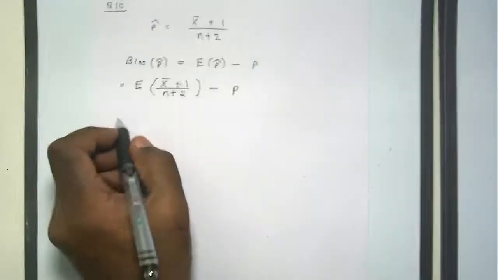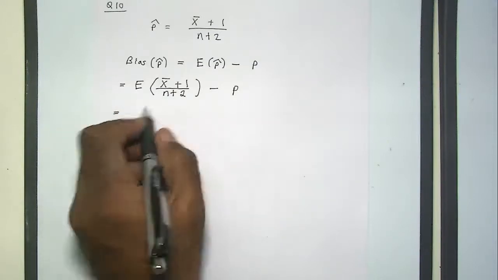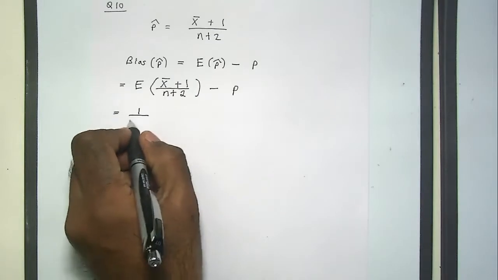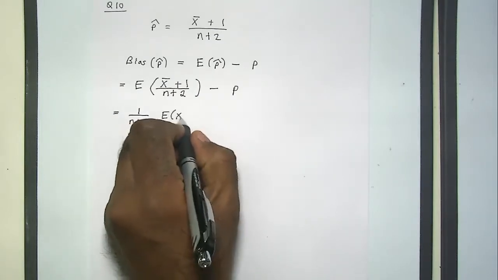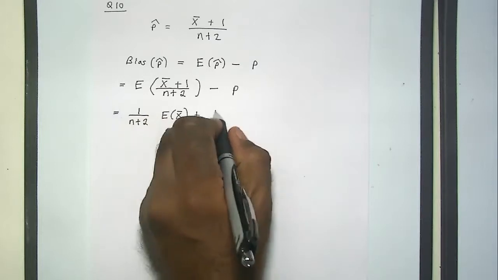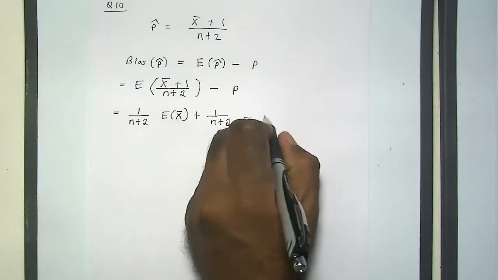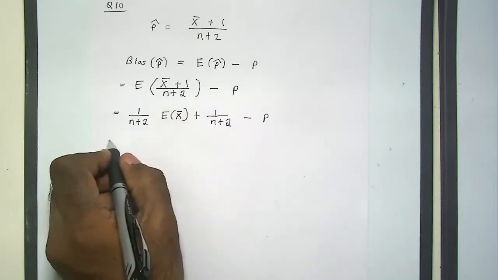Now, you know how to deal with this, right? So this will be 1 over n plus 2 times the expectation of X bar plus 1, minus p.